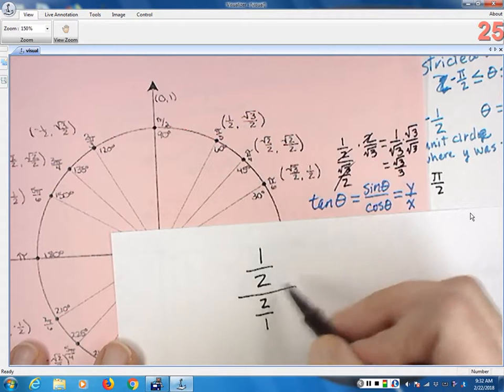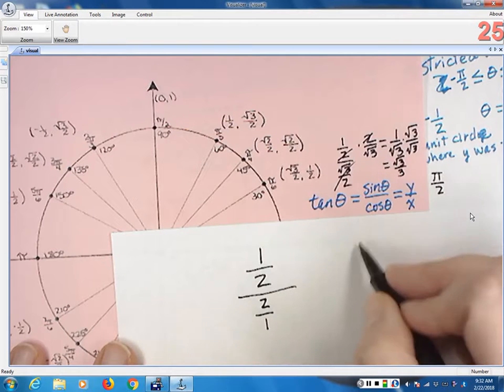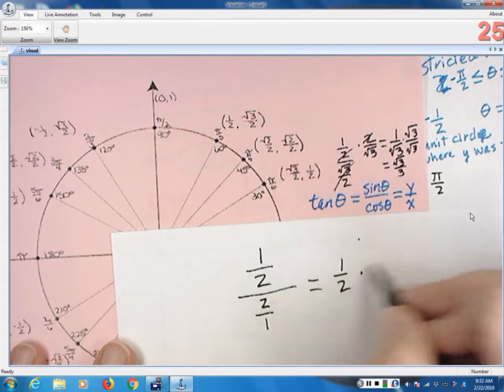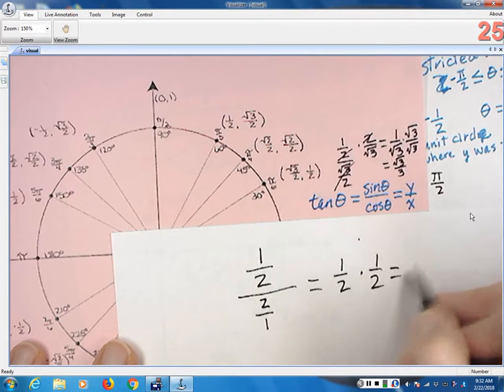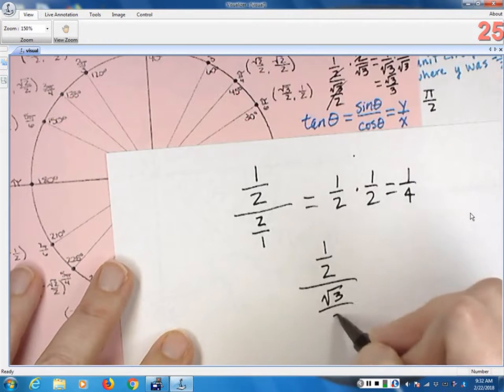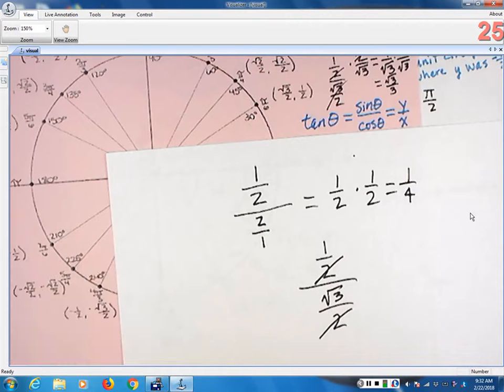You can't cancel the 2's there, because this would actually equal 1/2 times 1/2, which is 1/4. But if you have 1/2 over the square root of 3 over 2, you can cancel the denominators, because when you flip it, they're going to cancel.